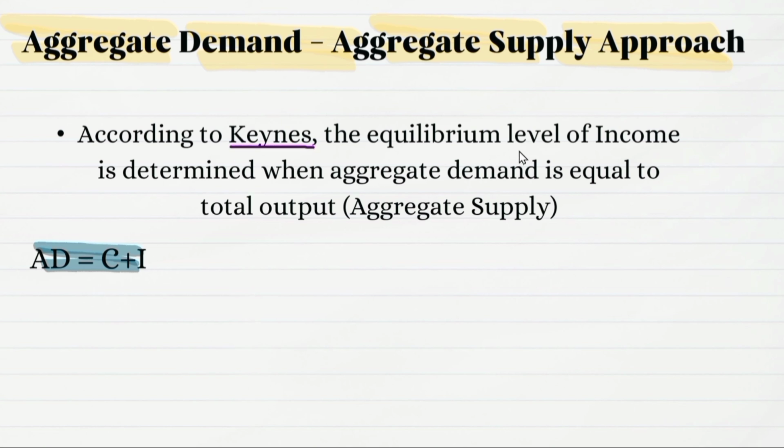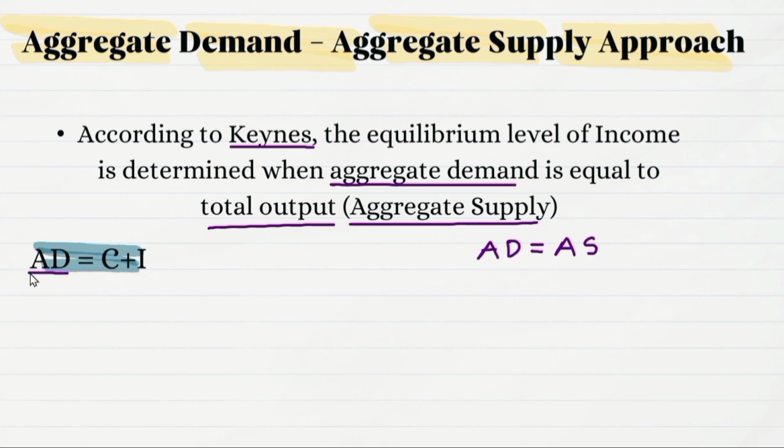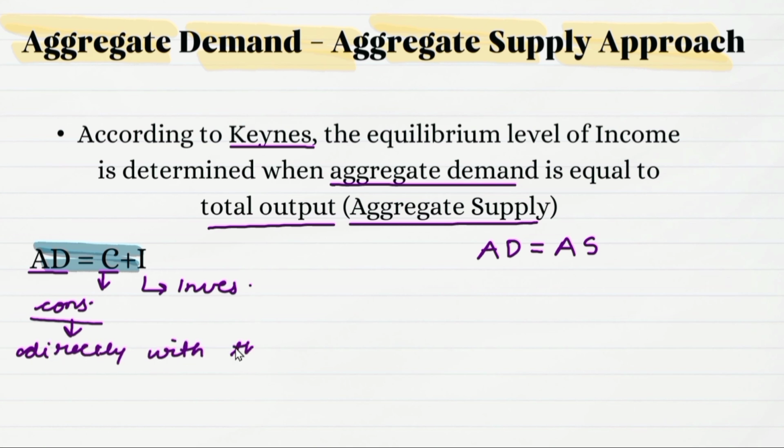As per the Keynesian theory, the equilibrium level of income is determined when aggregate demand is equal to total output, that is aggregate supply. Now aggregate demand comprises two components. The first one is the consumption expenditure and the second one is investment expenditure. Consumption expenditure varies directly with the level of income, which means consumption rises with an increase in income.